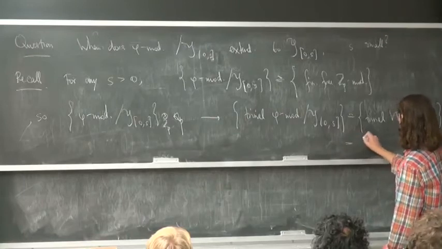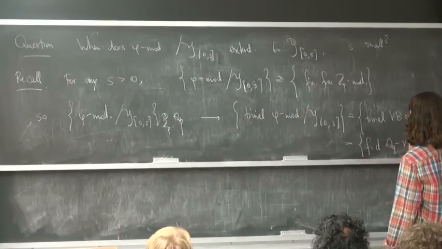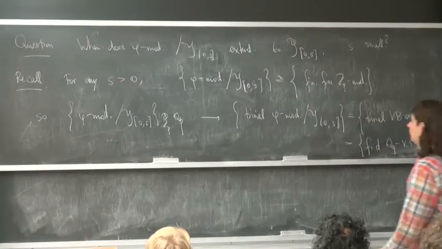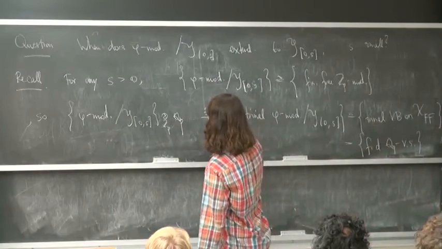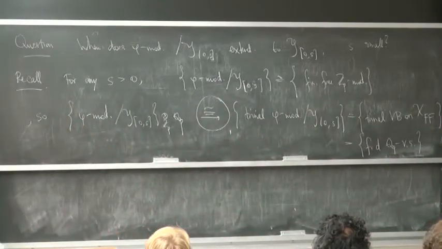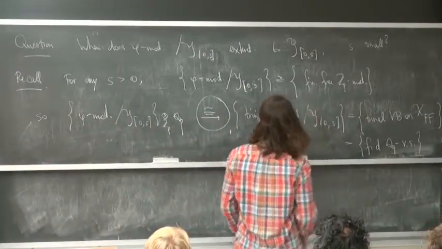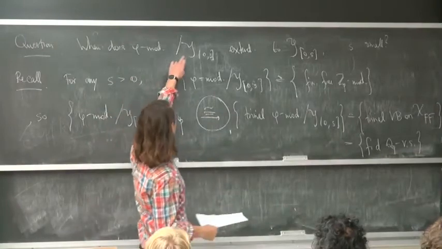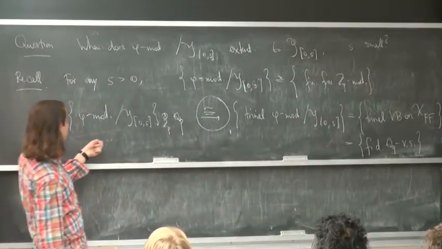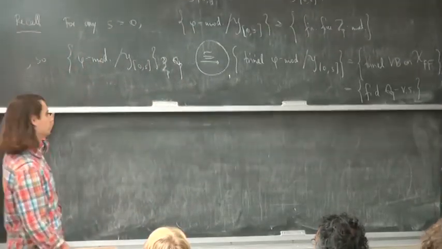And that was something else I stated: the trivial vector bundles on the Fargues-Fontaine curve are equivalent to finite dimensional Q_p vector spaces. And so that here is an isomorphism. In other words, a phi module over here extends if and only if it's trivial, in which case the datum of such an extension is the same thing as a lattice in a finite dimensional Q_p vector space.